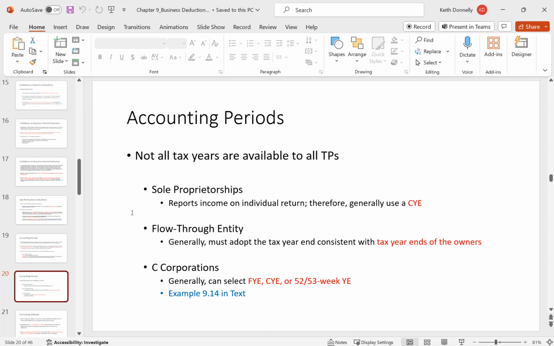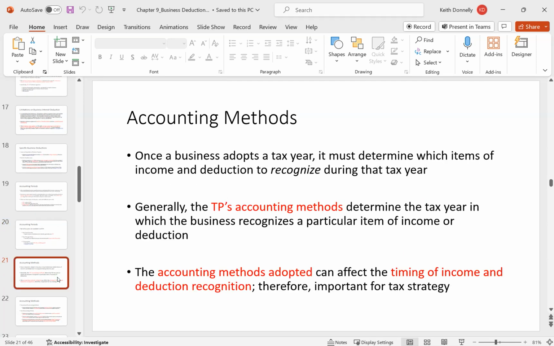The general rule is going to be the tax year end of their owners. Most of the time the owners are individuals, so that means we're going to have a calendar year end. And then C corps, they can elect a fiscal year end, a calendar year end, or a 52/53 week year end.